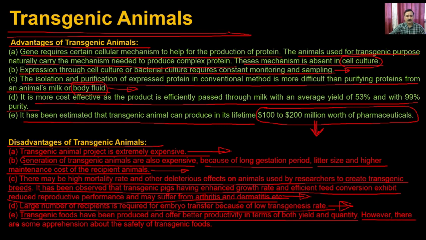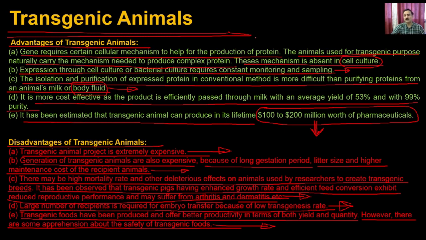Transgenic food has been produced and offers better productivity in terms of both yield and quantity. However, there are some apprehensions about the safety of transgenic food, because what you are developing in transgenic food animals is considered unnatural, as it is not present in that particular animal in a natural condition. For example, if I am producing lactoalbumin or lactoferrin in a cow, the cow does not naturally produce these proteins.